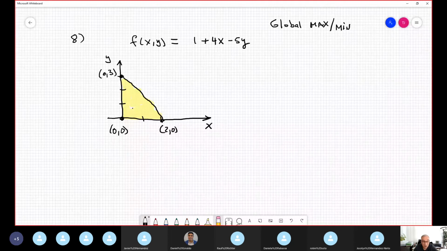But how do you know that? Well, you find the first derivative with respect to x, you find the first derivative with respect to y, and you enforce them to be 0.